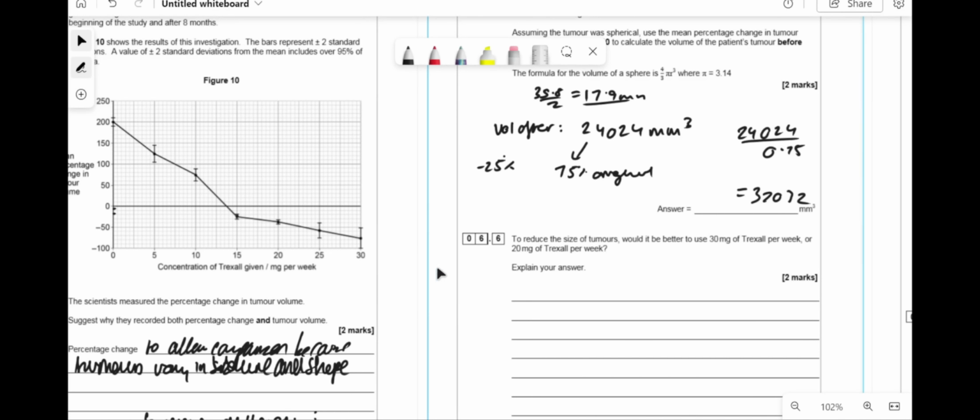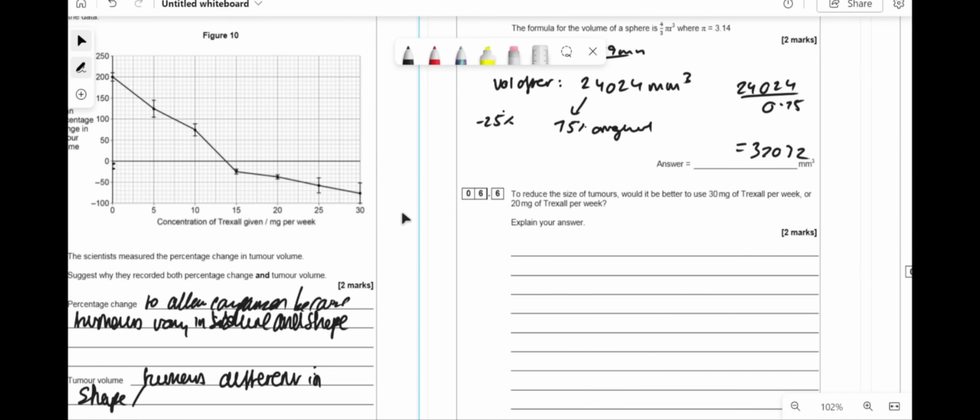So you're going to have to use this good old diagram. So again, for and against, it's an evaluate question. So if we look at 30, comparing it to 20, so comparing here and here, there's no overlap in their standard deviation, so there's a significantly greater reduction. You can't just say the results are significant, you need to say there is a significantly bigger reduction in tumor size.